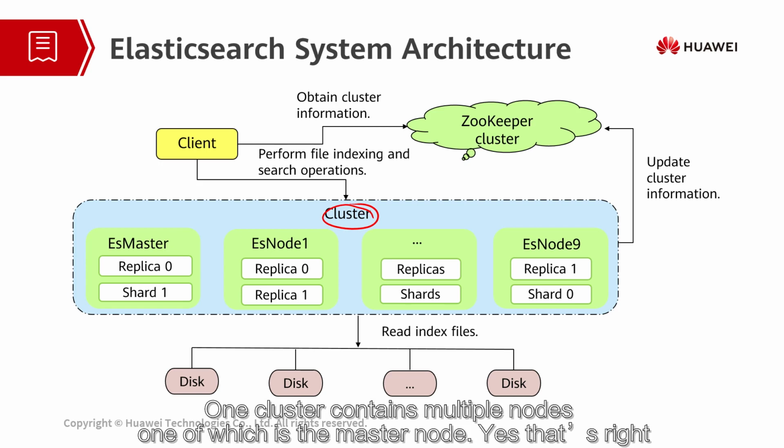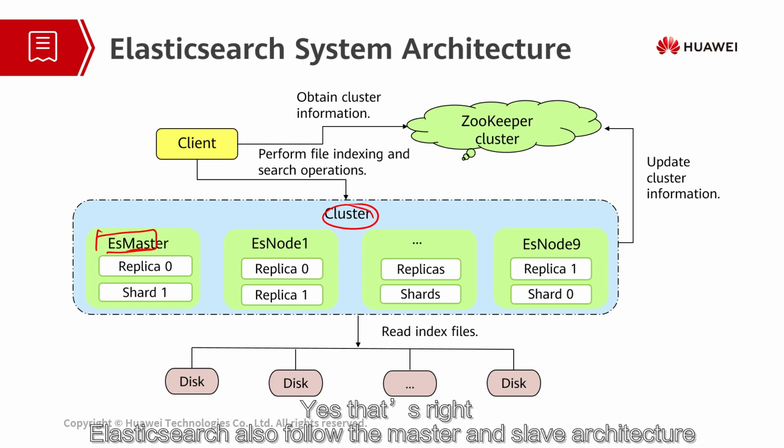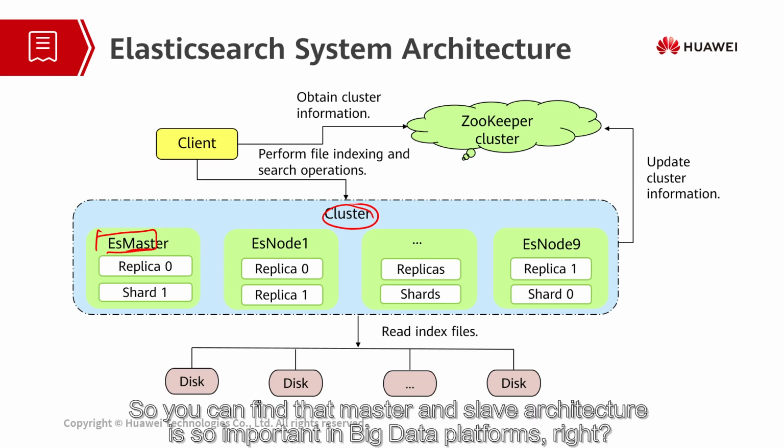One cluster contains multiple nodes, one of which is the master node. Yes, that's right. Elasticsearch also follows the master and slave architecture. So you can find that master and slave architecture is so important in big data platforms, right?